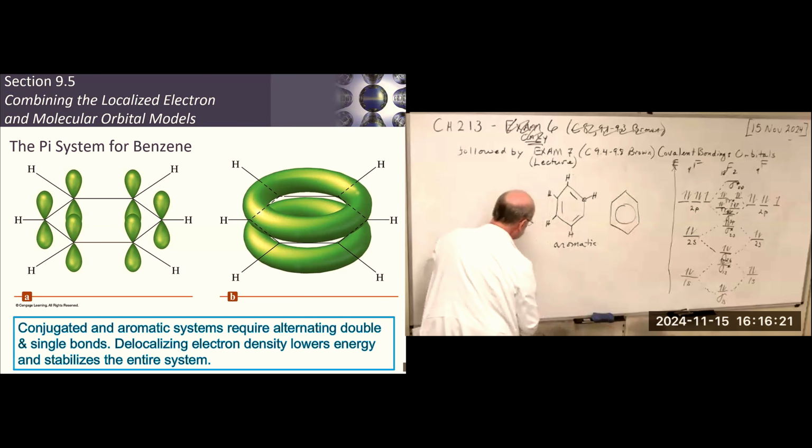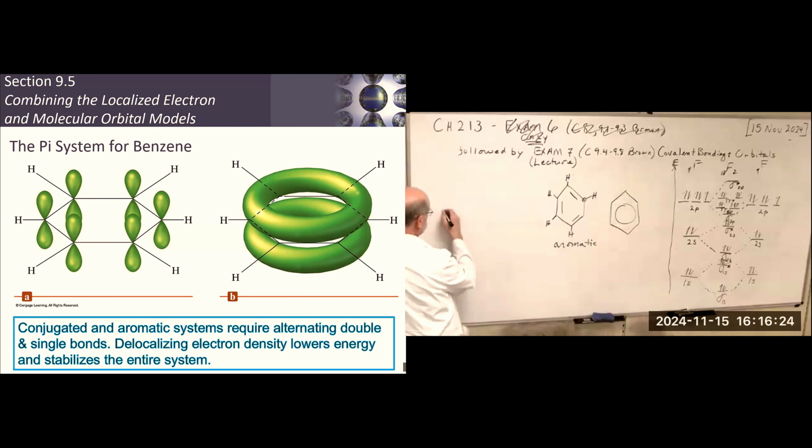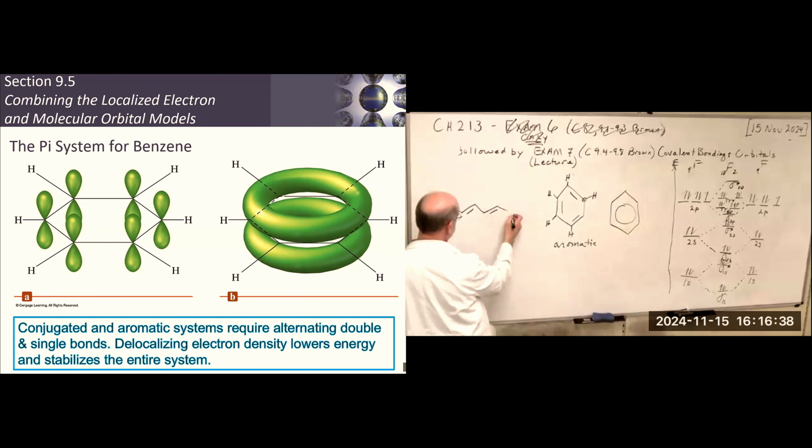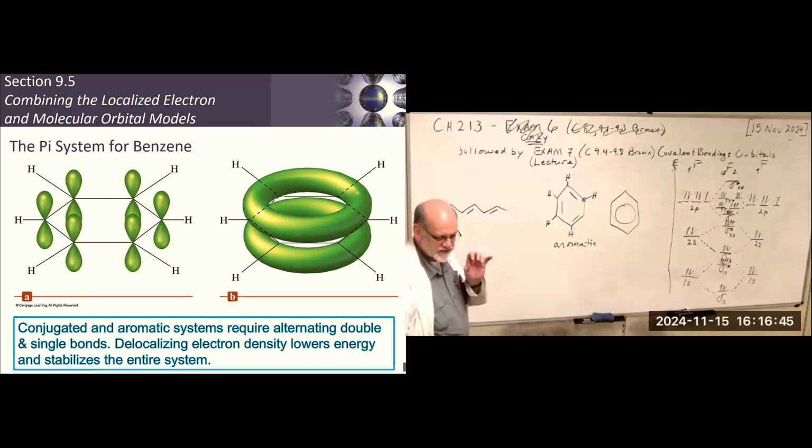And in order to get conjugation, a ring, not a ring, but a series of carbon atoms bound together with whatever else is on them. If you do like this, this, and this, and say, maybe let's put another one over here, then an alternating double and single bond signifies a conjugated system.